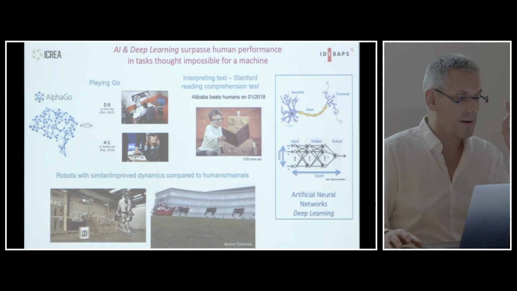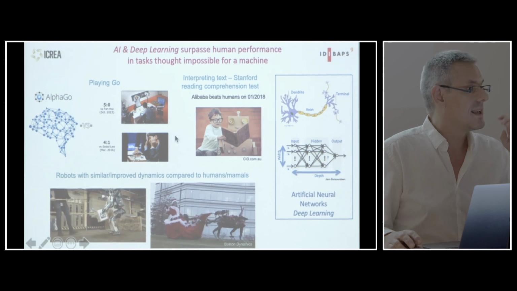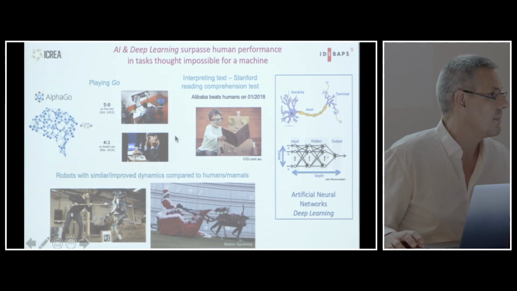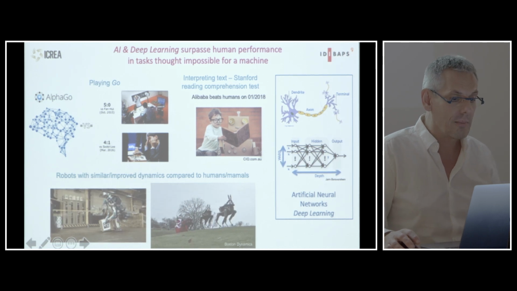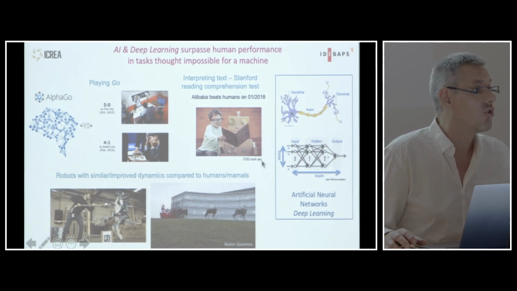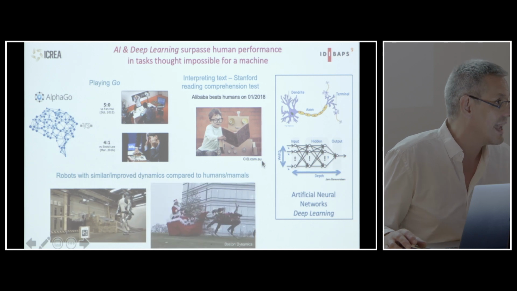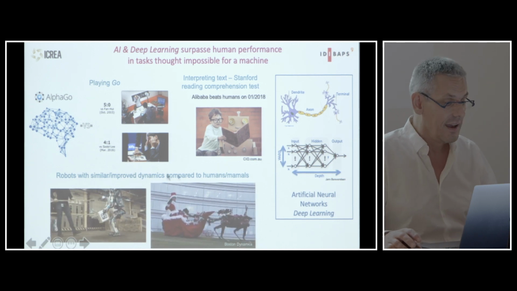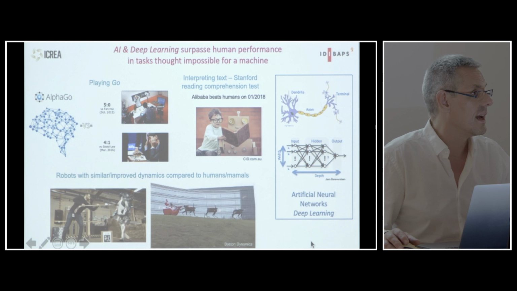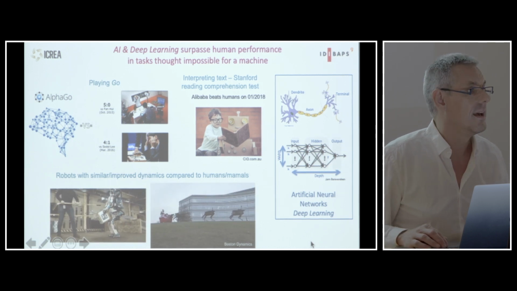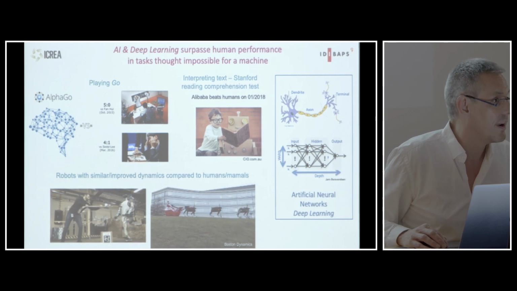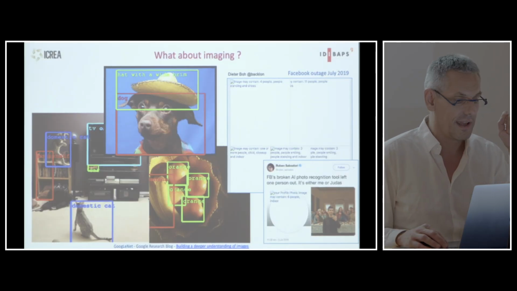What people said the computer can never do, like win in the game Go, the computer has done. Currently, computers are better in interpretive reading than kids of certain ages. You see the current robotics, they are almost replicating humans. And all of this is using artificial intelligence, deep learning, exactly this, artificial neural networks.